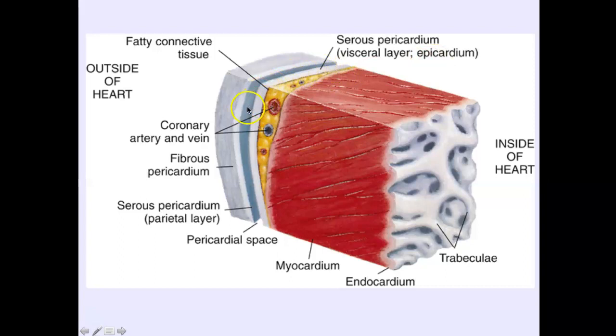Now we have our parietal layer, right? The serous pericardium parietal layer. Remember, there's our parietal layer on the wall, the visceral layer on the organ, and there's that space, right? Now we're calling that space the pericardial space. It's going to have our fluid. It's serous fluid, but in this case, we're calling it pericardial fluid, right? We're changing the words to reflect the heart.